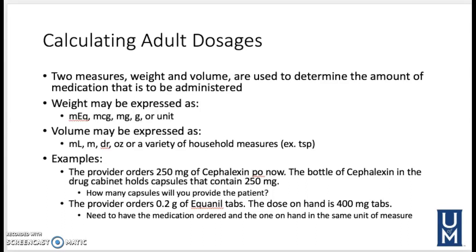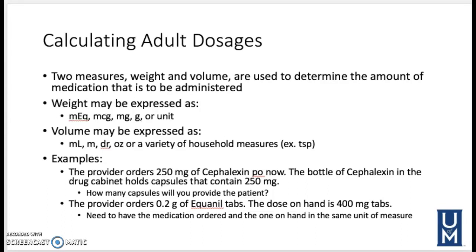Okay, so this next example is a little bit different. The provider orders 0.2 grams of Equinol tabs. The dose on hand is 400 milligram tablets. So we need to have the medication ordered and the one on hand in the same unit of measurement, right? That way we can compare the two and know how much we're giving the patient.